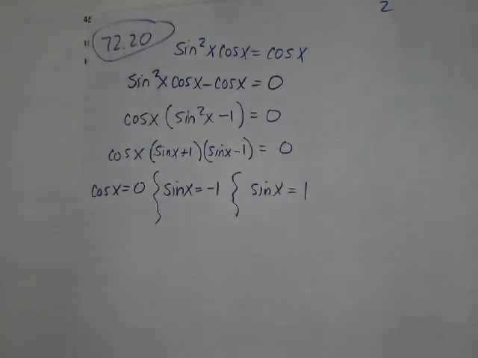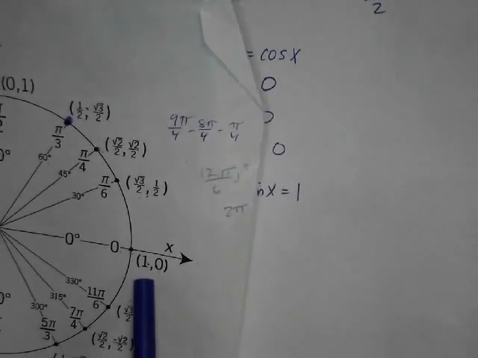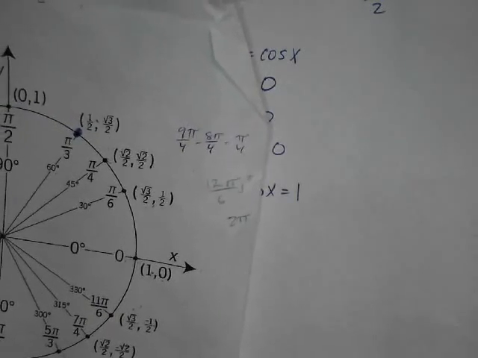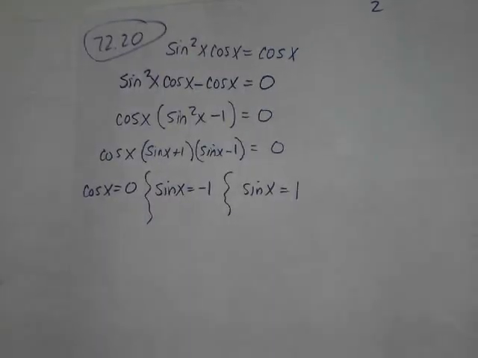So where is cosine x 0? I guess it's at 90 degrees and at 270 degrees. Are we in degrees here?